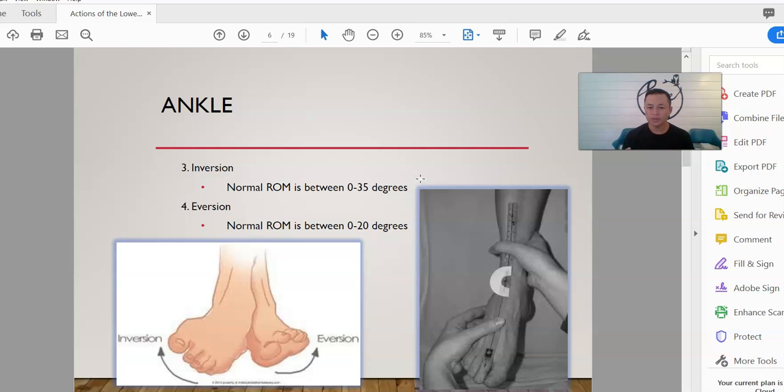That's why it's more common to roll your ankle during inversion. So just understand that. In inversion, you're more likely to roll your ankle down.